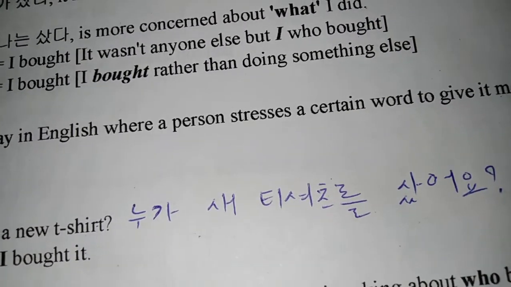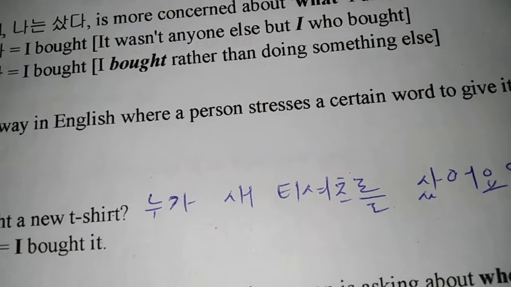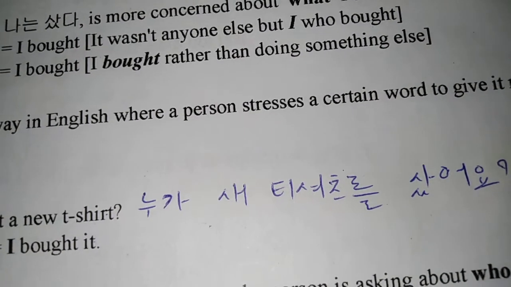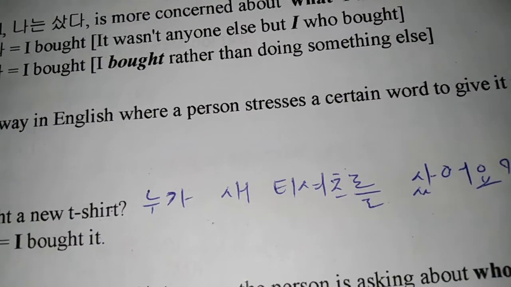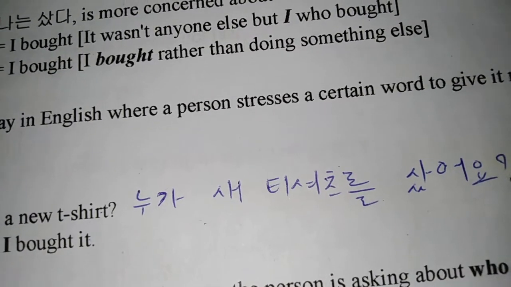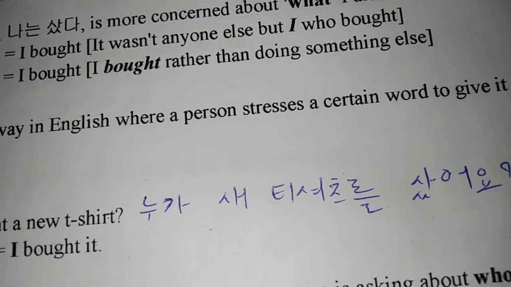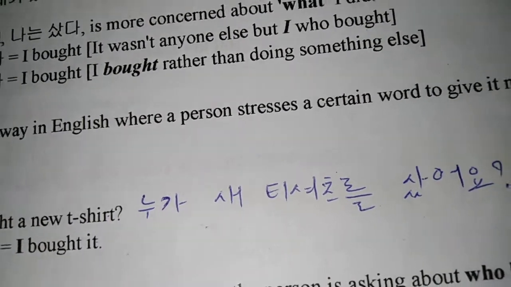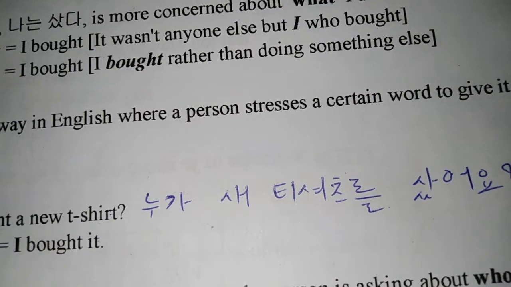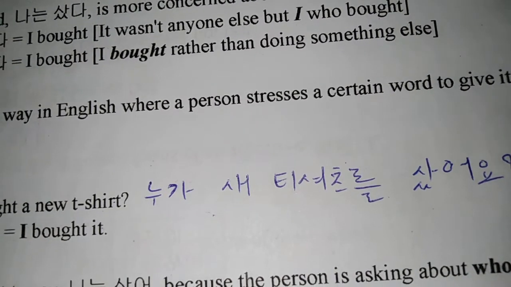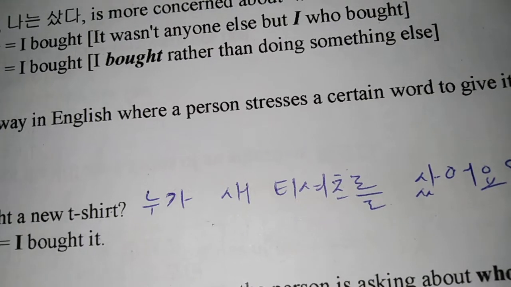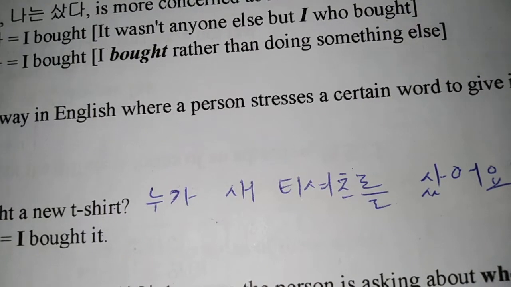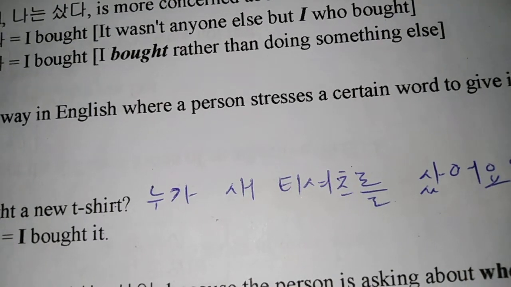When the question asks who, it is asking about who did the action, not what the action is. So when the question is who did the action, we would use the ga particle, the identifier particle. We would say nega sasseo. If I am the one who bought that, I would say nega sasseo or Mark-ga sasseo. Suppose I'm taking a name called Mark, then I would say Mark-ga sasseo. Or Yongo-ga sasseo. Yongo is a male Korean name.